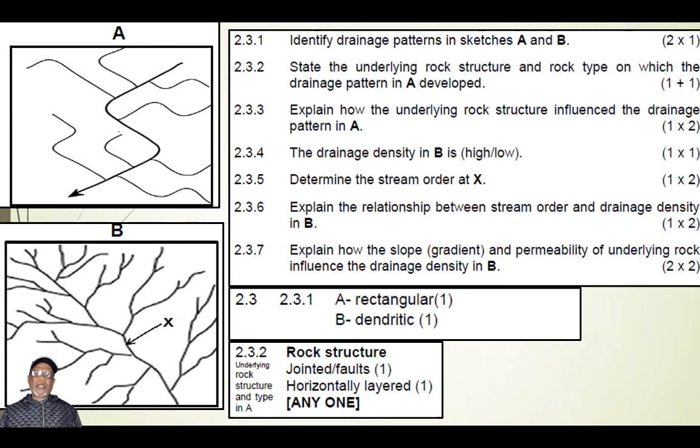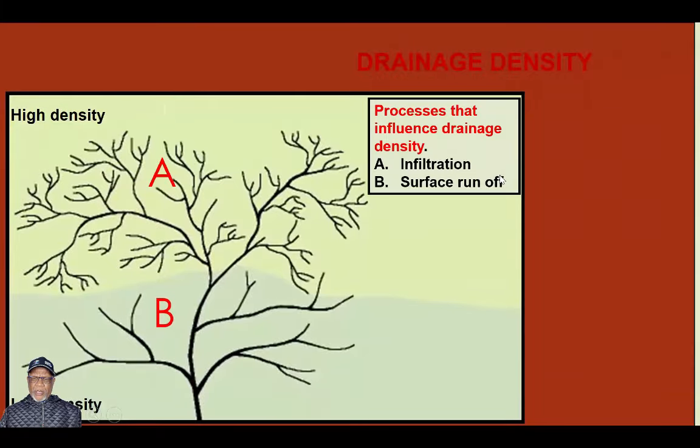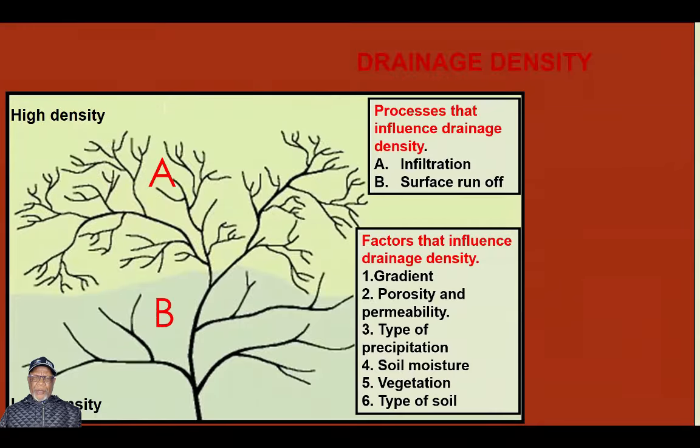And when the drainage density is lower, the stream order will also be lower. Explain how the slope or gradient and permeability of underlying rock influence the drainage density. So let's come to this page now. What are we looking at here?